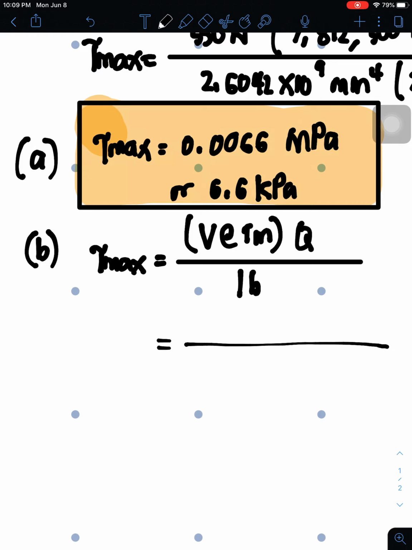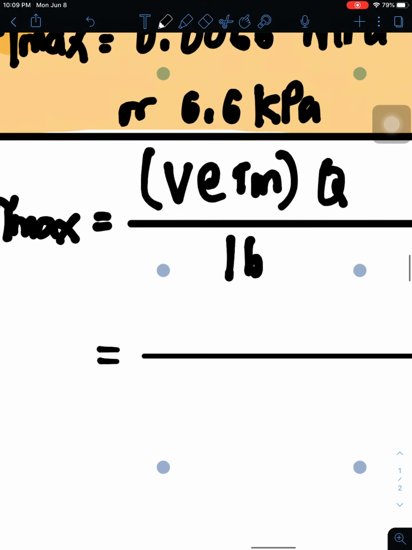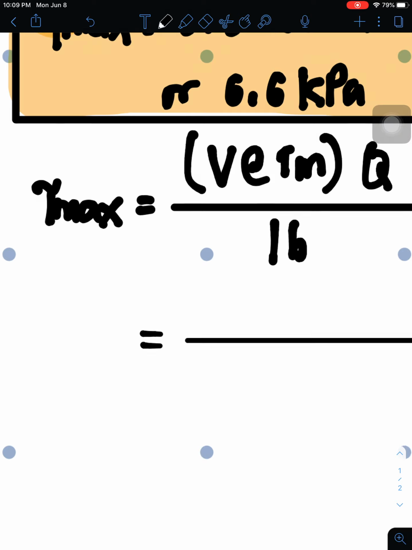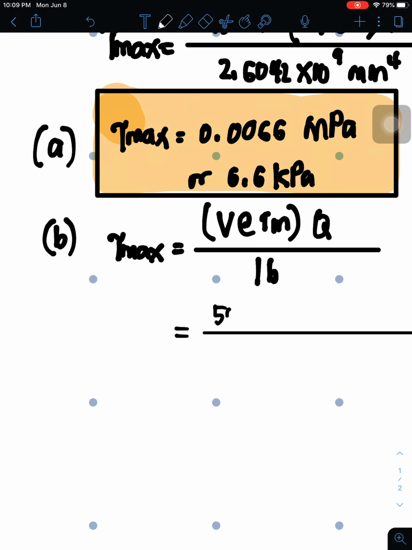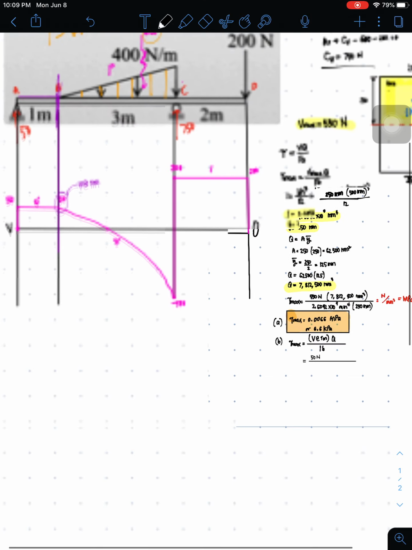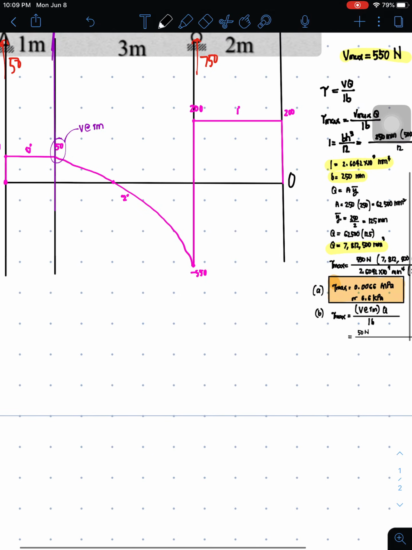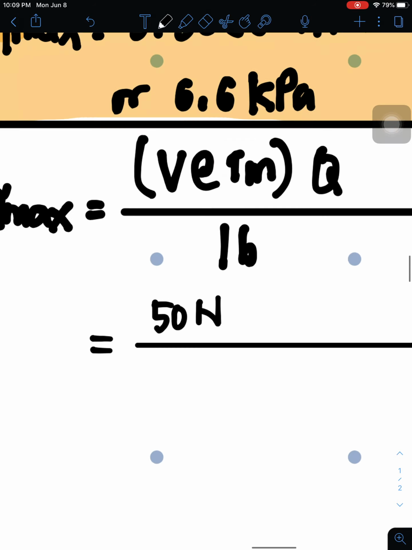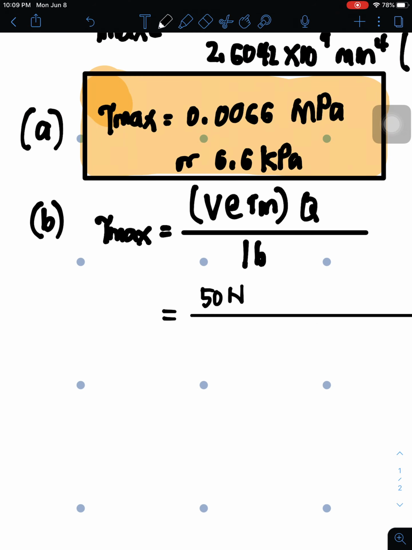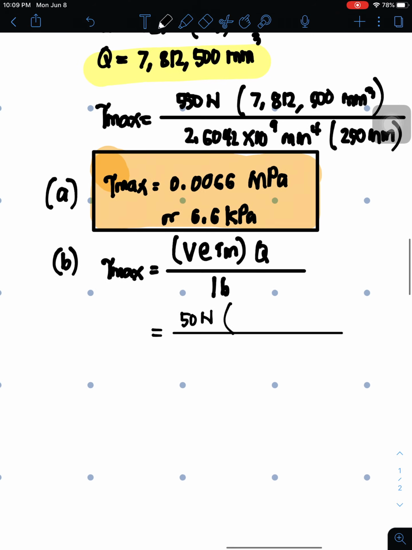So the values, instead of 550 for the shear, we will now be using the shear force as 50 newtons. That's according to here, because that lies at 1 meter from the left support. And then the Q would still be the same.